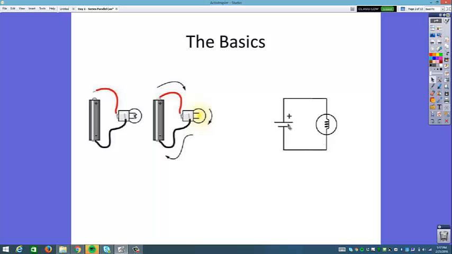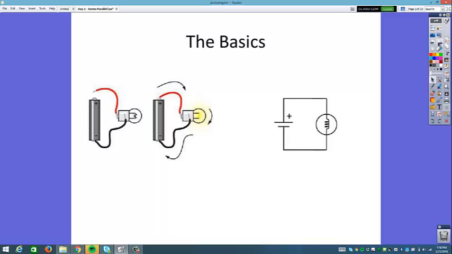So here you have your battery represented by the two lines, a longer line and a shorter line. The longer line represents the positive, the shorter line represents negative. Then all of these lines in the middle that are all nice and straight, those are your wires. And then over here on this side, you have a light bulb.